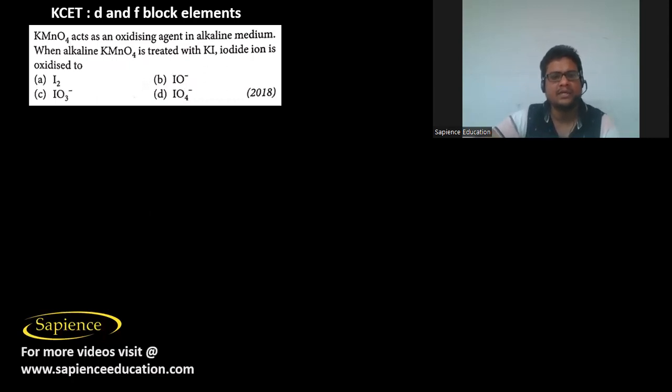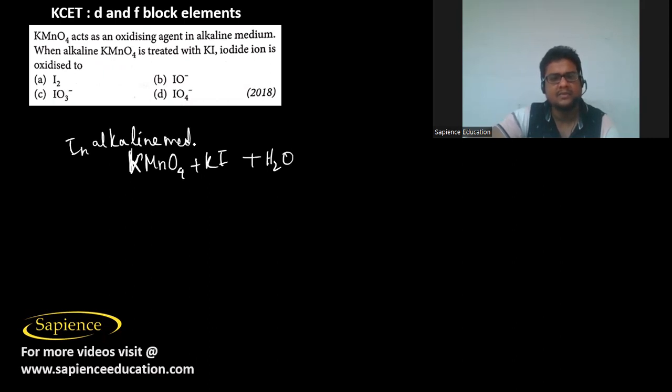Then it is asked, KMnO4 acts as an oxidizing agent in alkaline medium. When alkaline KMnO4 is treated with KI, which is potassium iodide, iodide ion will be oxidized to. So KMnO4 will react with KI plus H2O in the alkaline medium to form 2KOH, so it will form potassium hydroxide and then MnO2 plus KIO3.